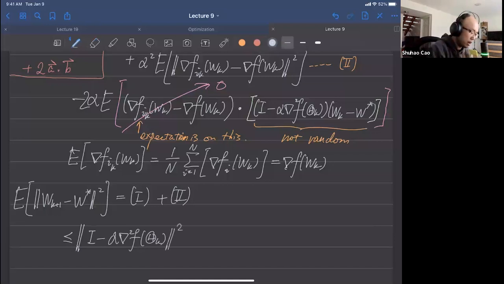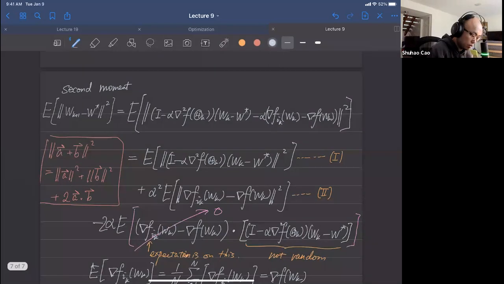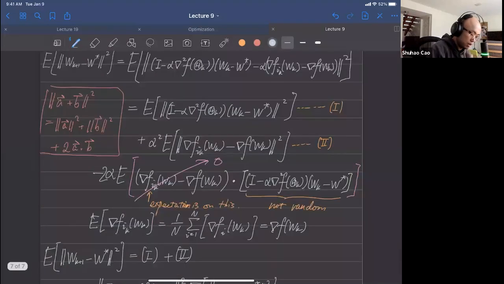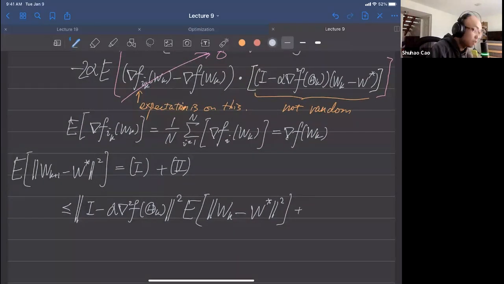So everything is squared, and there is no randomness in this term, but let's take the expectation here. And then plus 2, and instead of 2, we just write down M.